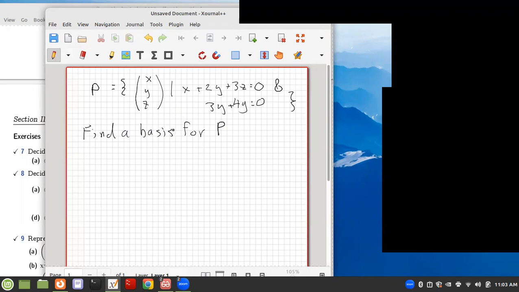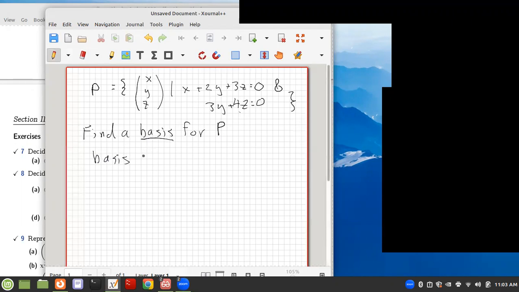Is it linear possibility? For in the equation above? Yes. 3y plus 4z, or this is, oh yes, you're right. 3y plus 4y wouldn't make much sense, would it? There, okay.